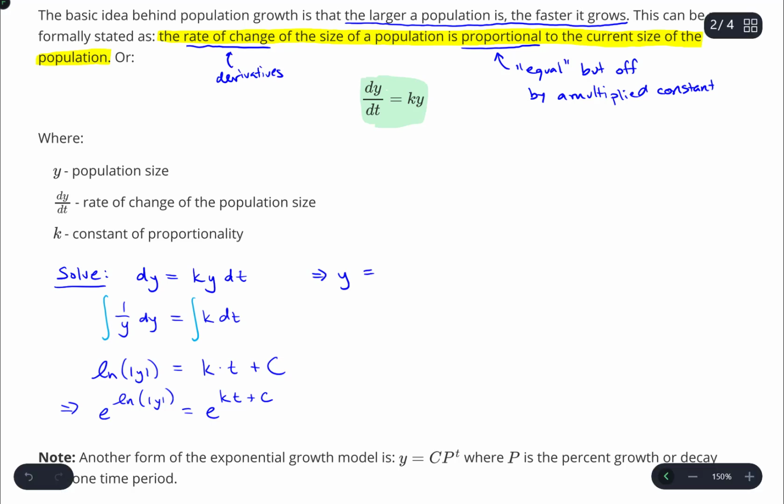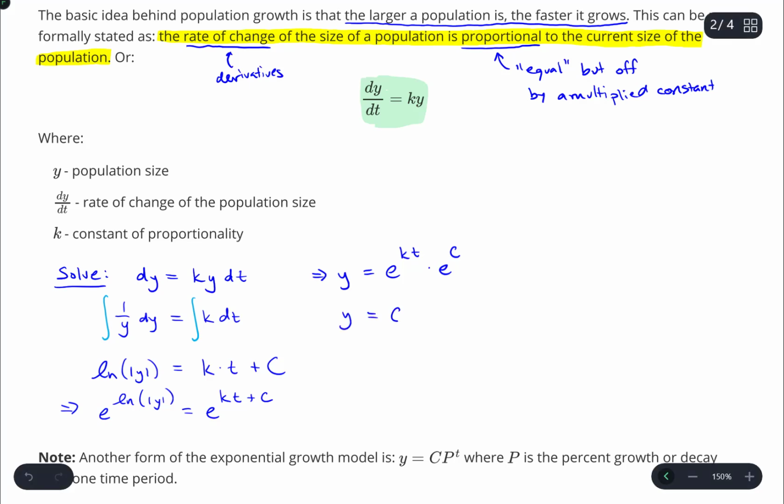And that's now equal to e^(kt) times e^c, since anytime we have something that's added inside of an exponent, we can actually split that up into two exponential functions with the same bases that are multiplied. And here's kind of a neat thing again with differential equations. e to an arbitrary constant is just as arbitrary as the variable c itself.